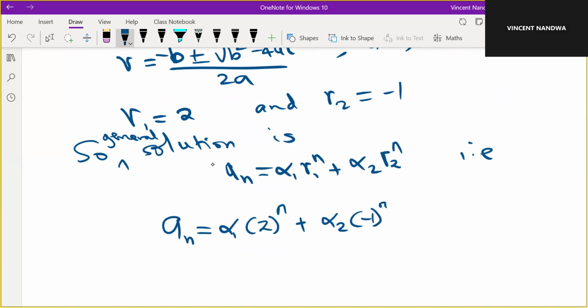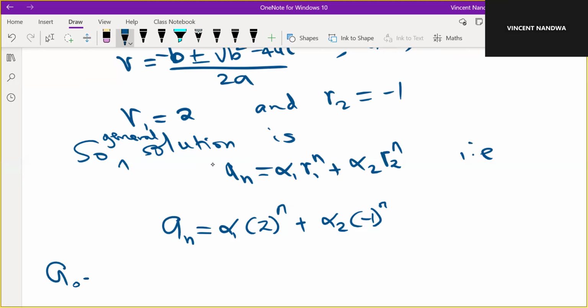If we were not given the extra conditions that a0 is 2 and a1 is 7, then we'll stop at this point. But because we have been given a0 and a1 values, we'll use them to get the actual numerical values of alpha 1 and alpha 2.